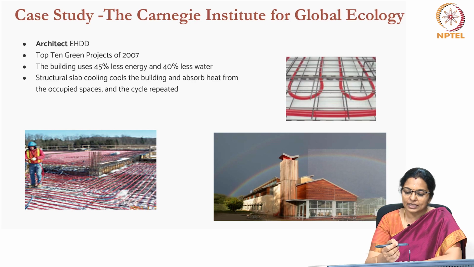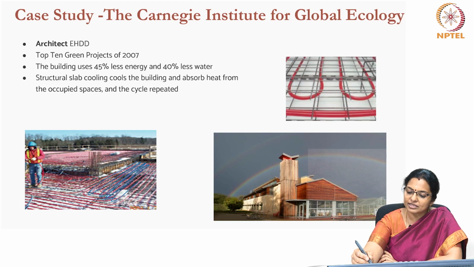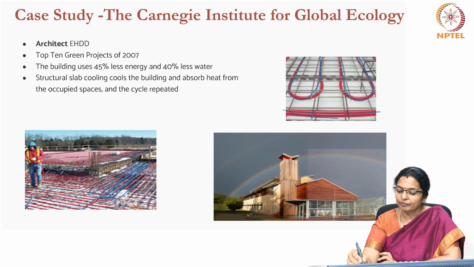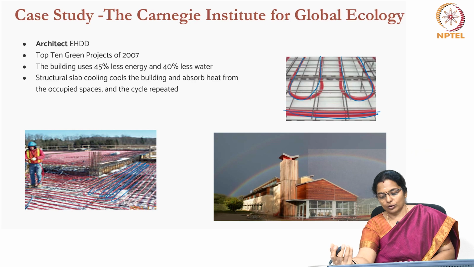So, you can see in their slab how these tubes are embedded. Through these tubes cool water passes, and the slab is able to absorb the chillness of the cool water in the tube, which is then radiated to the room.